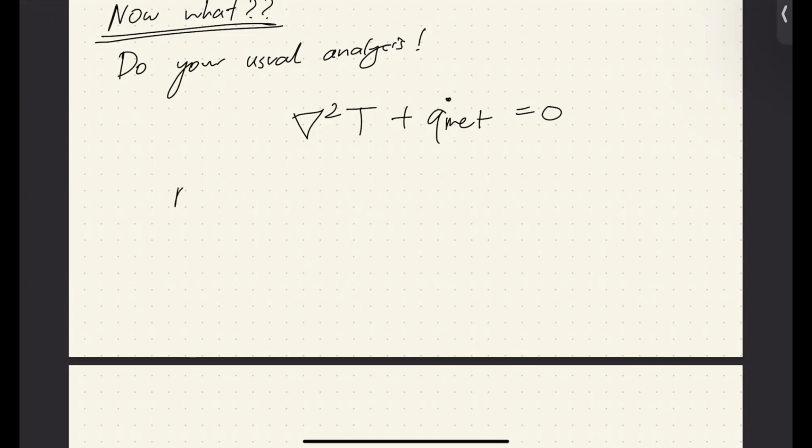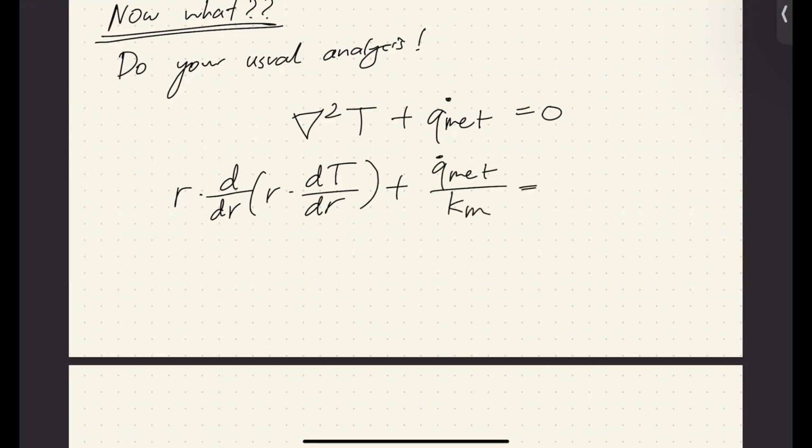Let's recall that, right? So we have r d/dr of r times dT/dr plus Q met over k muscle, right? We're working in the muscle, so everything is muscle right now. This is the k that we get from actually dividing it out. Km, there's a Km here, and it cancels out. This is the short form, okay?